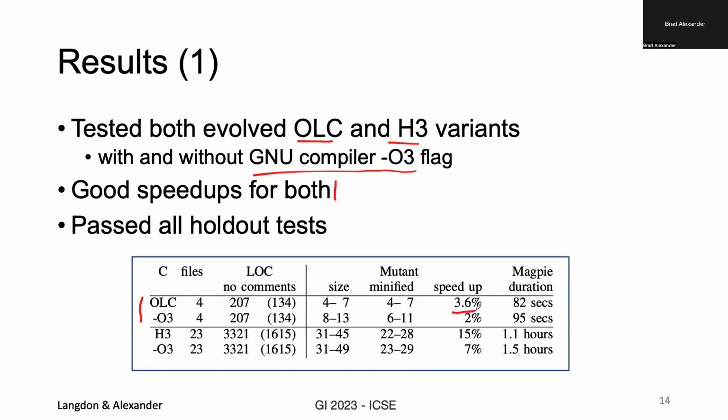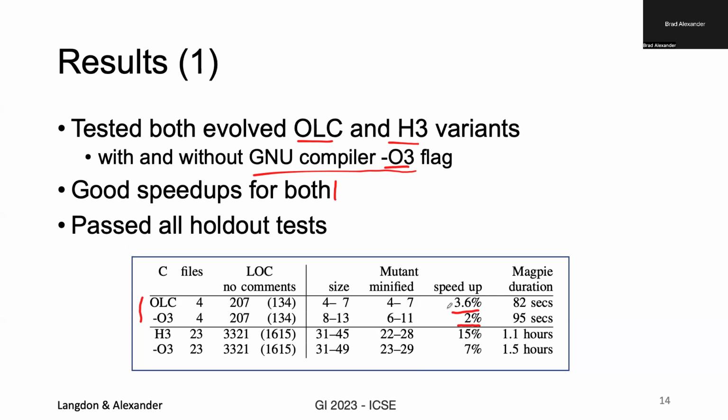When we run on each mutant with just the plain GNU compiler without the O3 flag, we get speedups of 3.6. And we get less speedup, as you might expect, with the O3 flag on, because you'd expect that some of the optimizations are going to already be captured by the O3 compiler.